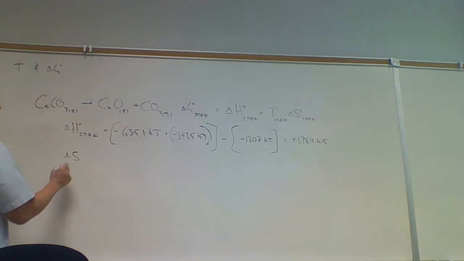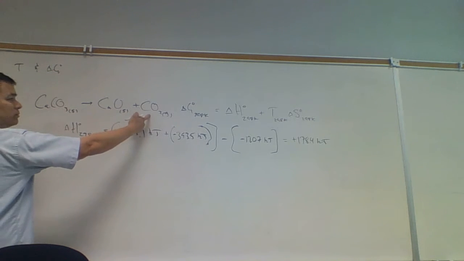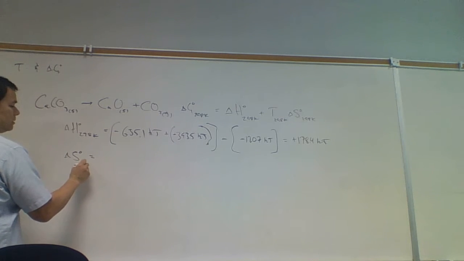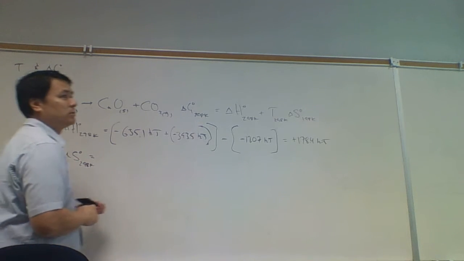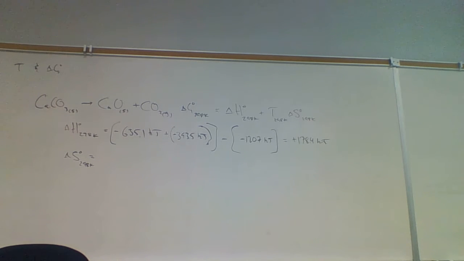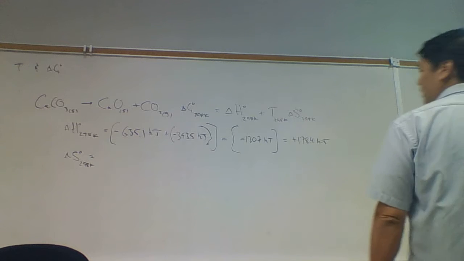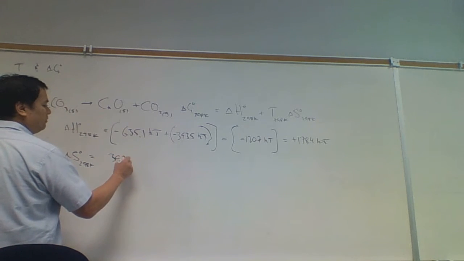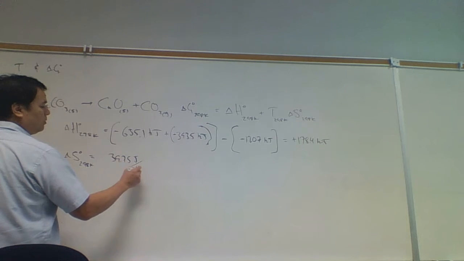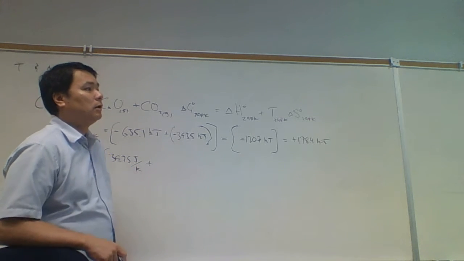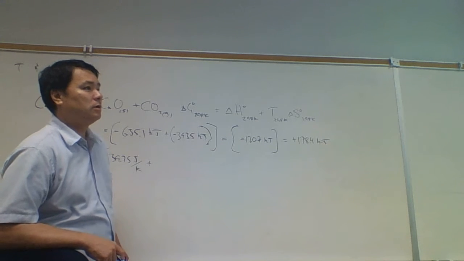Let's take a look at our delta S. Our delta S should be good because we're forming the gas here. And so we'll just look at the entropies of the products, the entropies of the reactants. So calcium oxide, the entropy is the third column, 39.75 joules per mole Kelvin, got 1 mole, plus CO2, which is going to be 213.7.